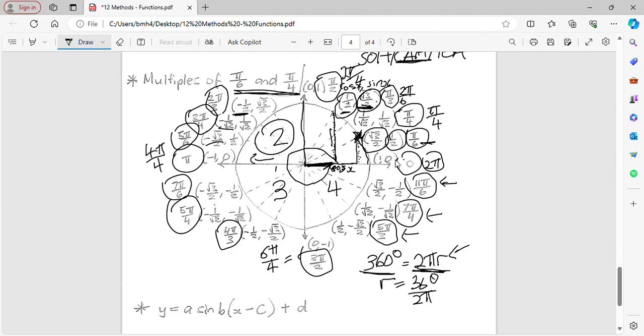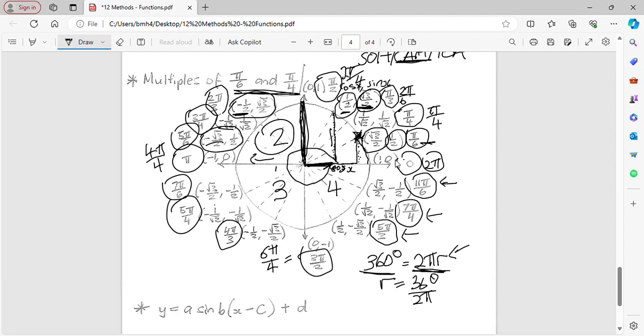And similarly, you can do that with all of these other ones that have the root 3 on 2. And you just picture the quadrants in your mind. So you say, okay, 3 pi on 6 is here, when you've got pi on 2 radians, so that's here.